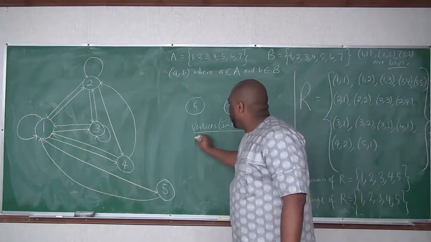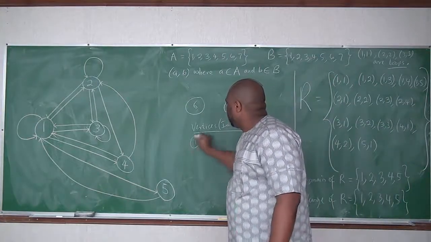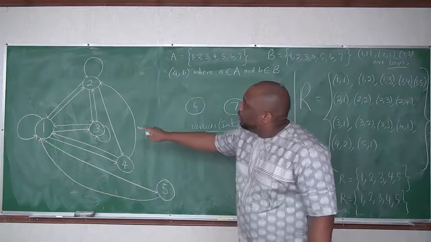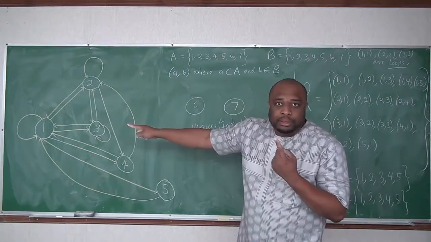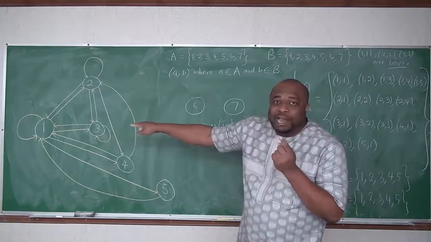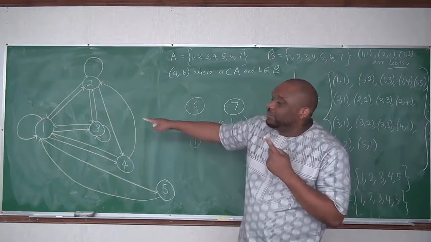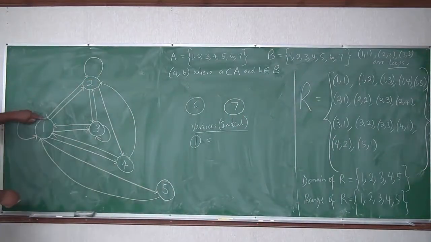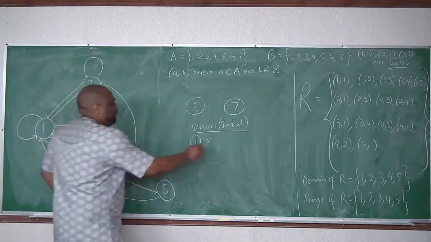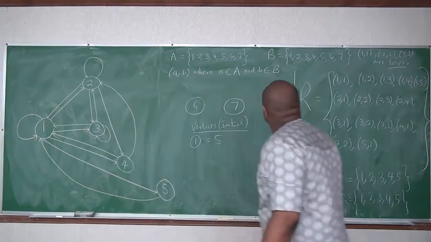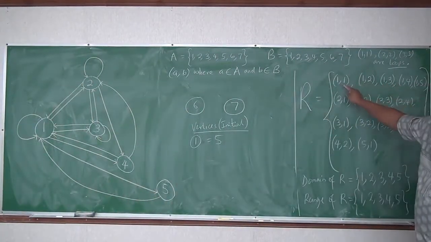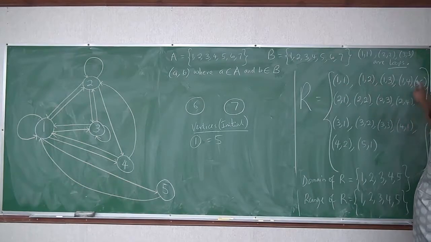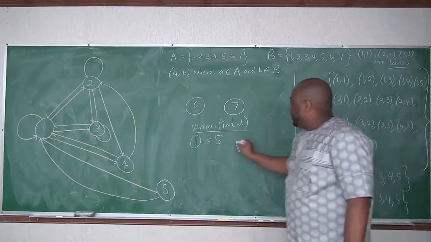So, if we look at 1, we have 1 is a loop. Let's not count the arrow pointing towards it. Let's just look at it from initial. So, we have here 1, 2, 3, 4, 5. That is 5.